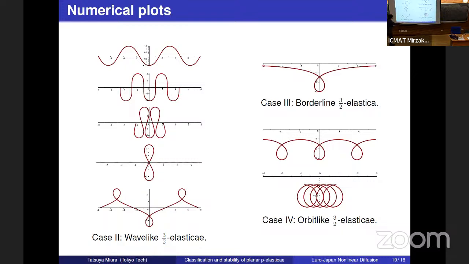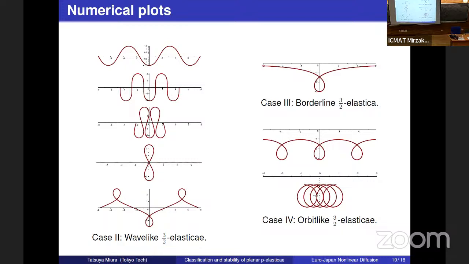The last case, case 4, is called orbit-like p-elastica, and in this case the curvature doesn't change its sign. Anyway, we have this kind of shapes, and we have obtained all of the possible cases with explicit formulas at some level. This is the case where p is less than or equal to 2.